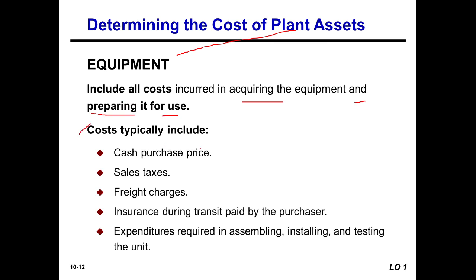The costs typically include cash purchase price, sales tax, transportation charges, insurance during transit paid by the purchaser, and expenditures required in assembling, installing and testing the unit. So these five types of cost are related to equipment.